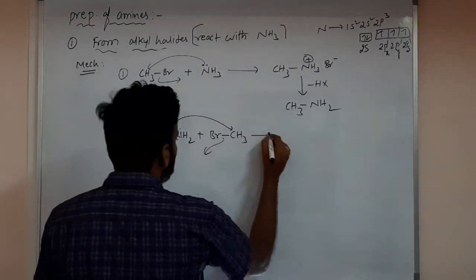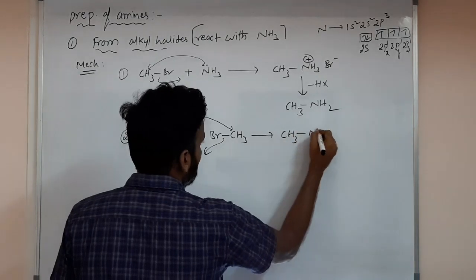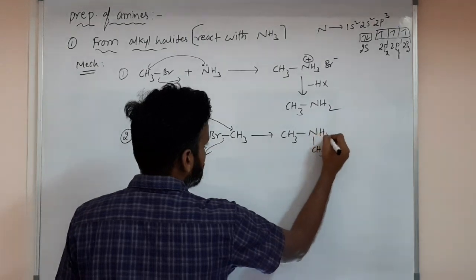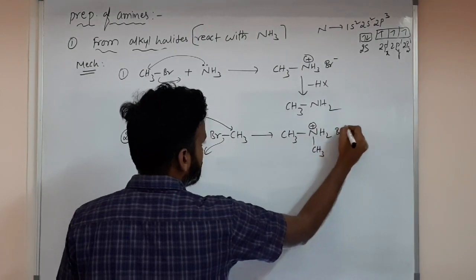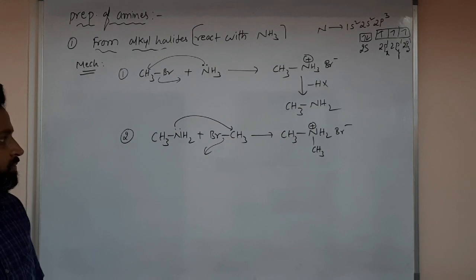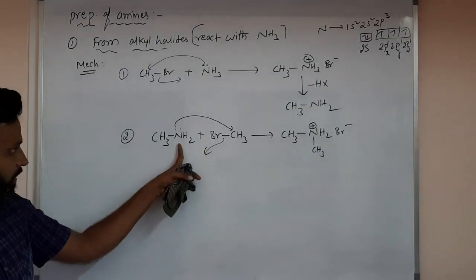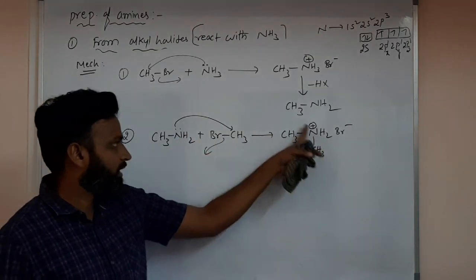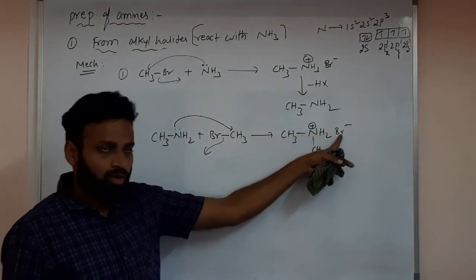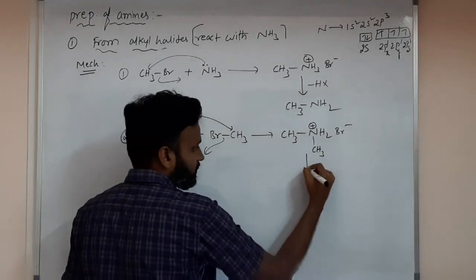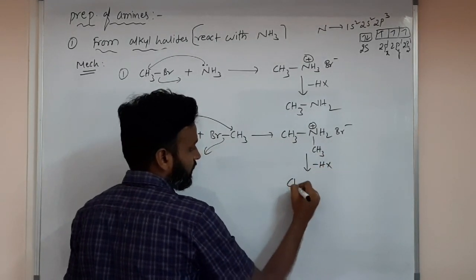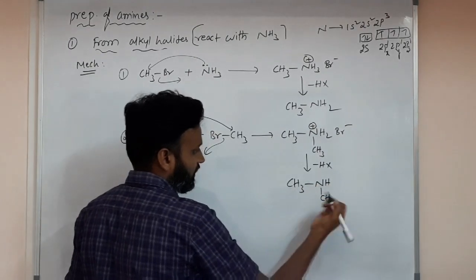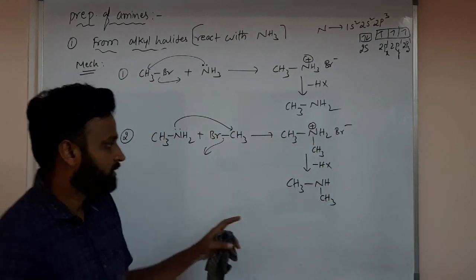So here you have CH3 and NH2+ and Br minus, since this methyl was added. Nitrogen donated its lone pair, so NH2+ and Br minus are formed. Then minus HX, you get CH3NHCH3, which is secondary.